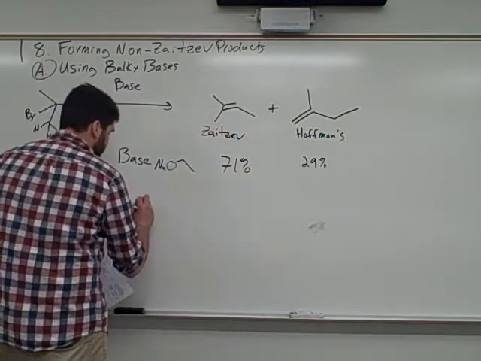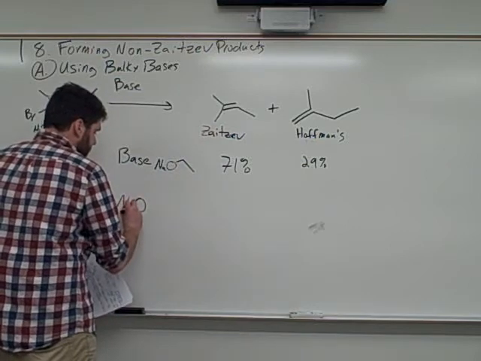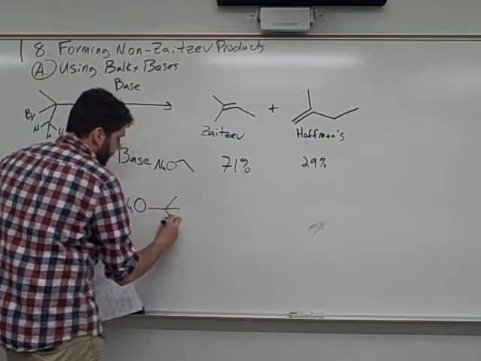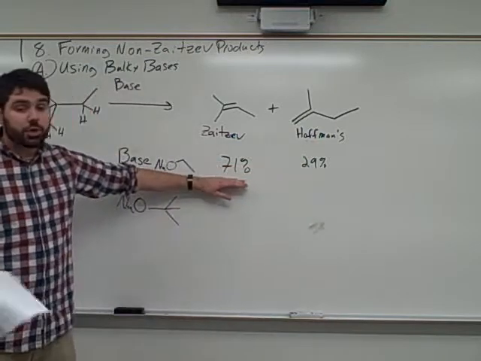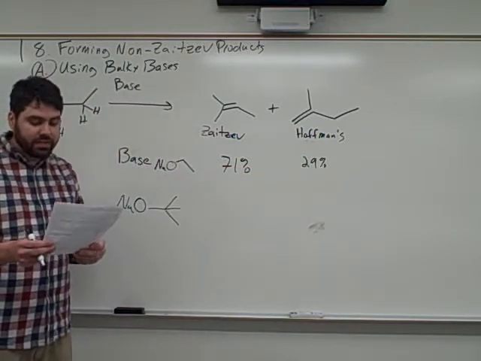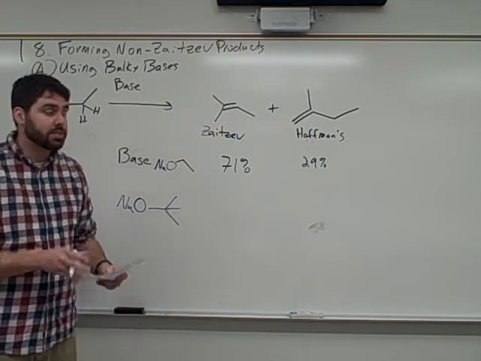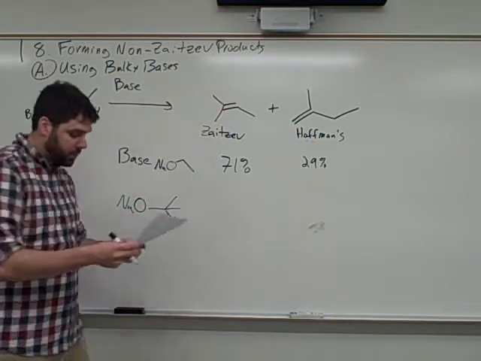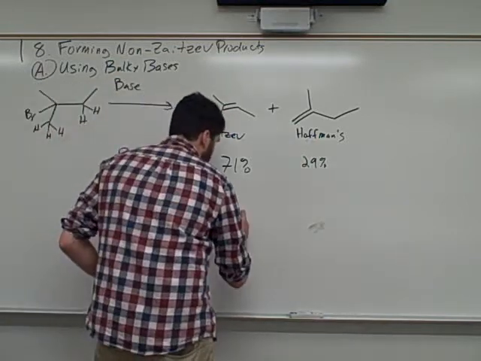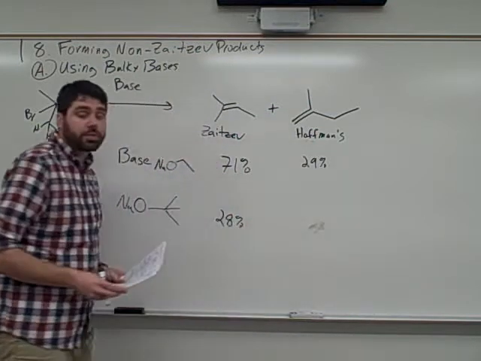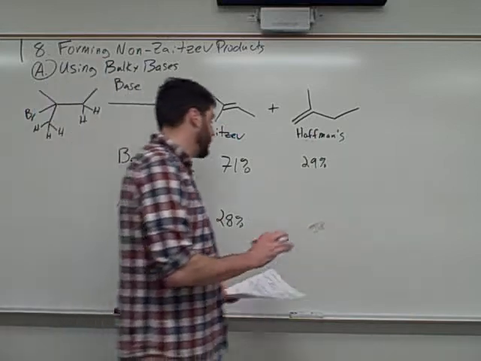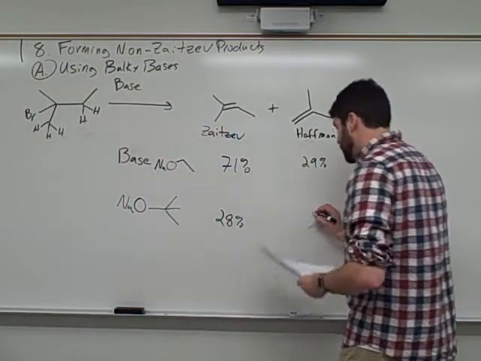So for example, if we shift from sodium ethoxide to sodium tert-butoxide, we're able essentially to turn this ratio around. So instead of giving the major product as Zaitsev's product, we get this in only 28% yield, giving the major product as Hofmann's product, this terminal alkene, in 72% yield.